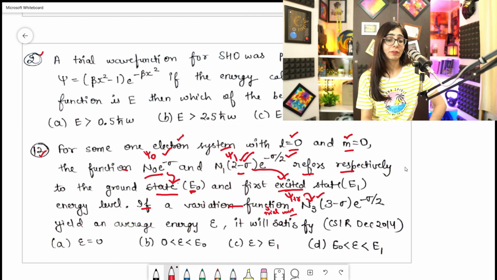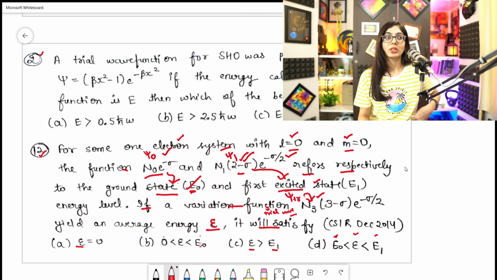Its yield, the average energy, this E, simple E. So whatever energy it will yield will be denoted by this E, and it will satisfy these conditions. You can see, A, either E is equal to 0 or E is between 0 and E naught. What is E naught? Ground state energy. Either E is greater than E1, which is the first excited state energy, or E is between the ground state energy and the first excited state energy.